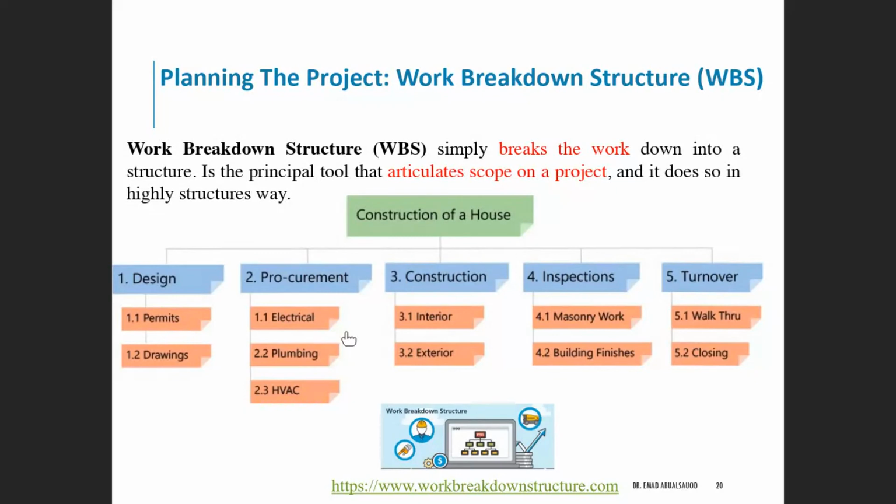Maybe the interior needs the exterior first to be done, or maybe vice versa. So now we are not looking for the sequence. We are just listing all the tasks and activities needed to be done.